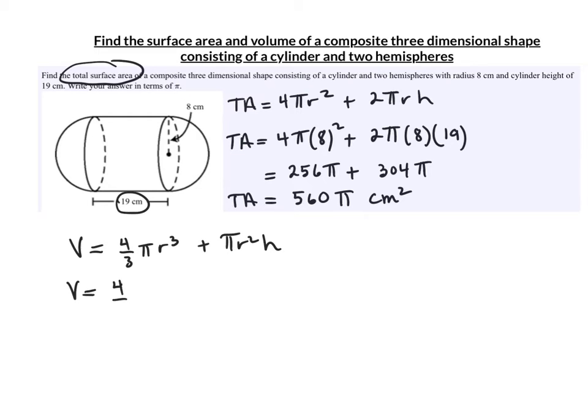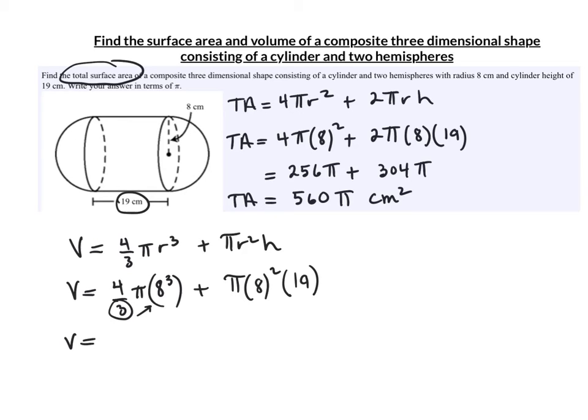This is 4/3 pi times 8 cubed plus pi times 8 squared times the height, which is 19, the height of the cylinder. Since 3 doesn't go into 8, the fraction created isn't going to be able to be simplified.